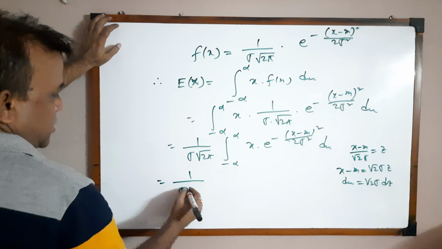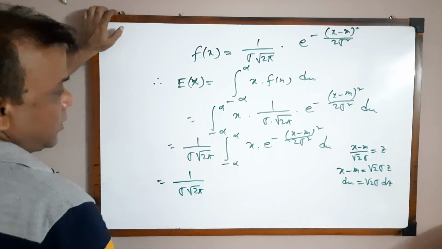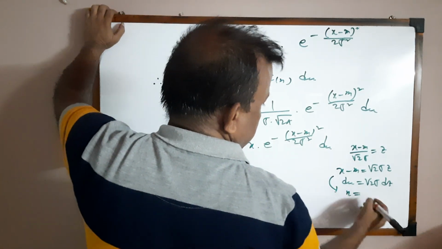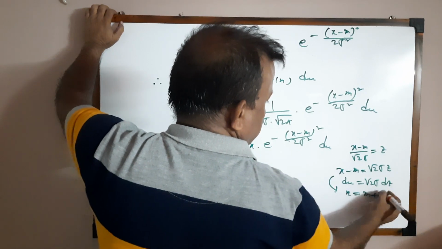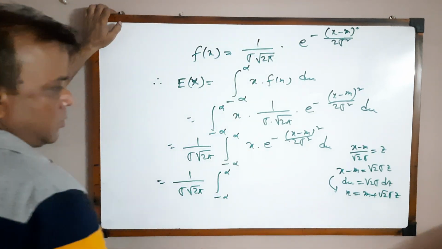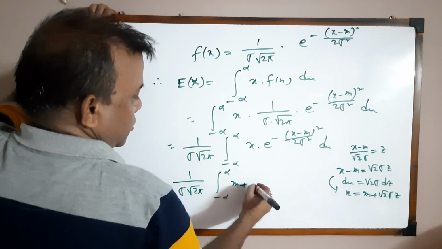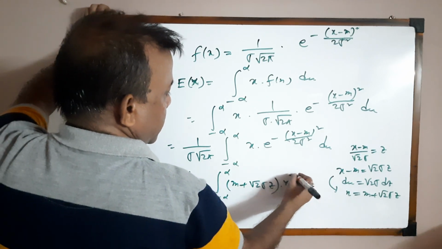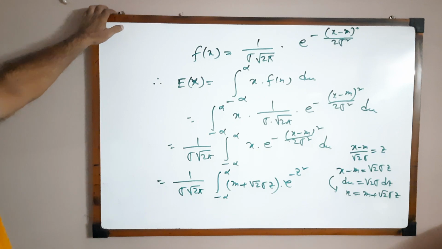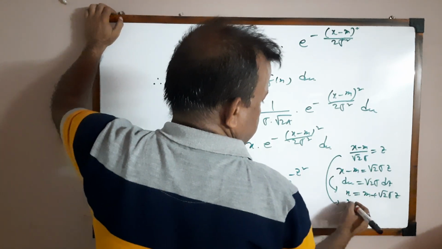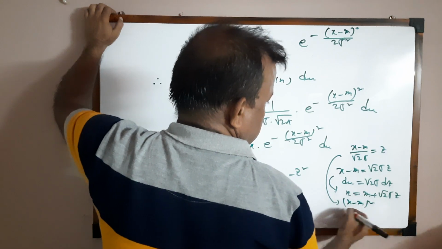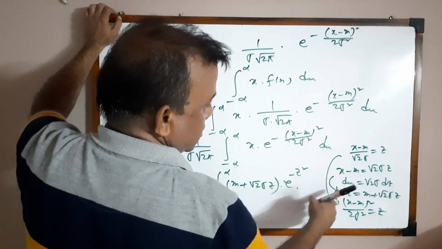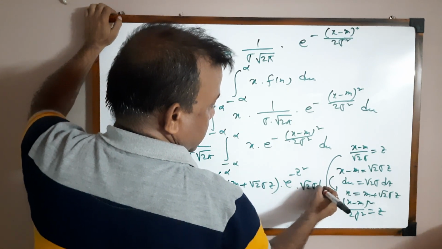1 by sigma into root over of 2 pi minus infinity to plus infinity, for x we have to put this value into this one, m plus root 2 sigma z, into e to the power minus z square, as whole square of this is equals to z square, into dx which is root 2 sigma dz.